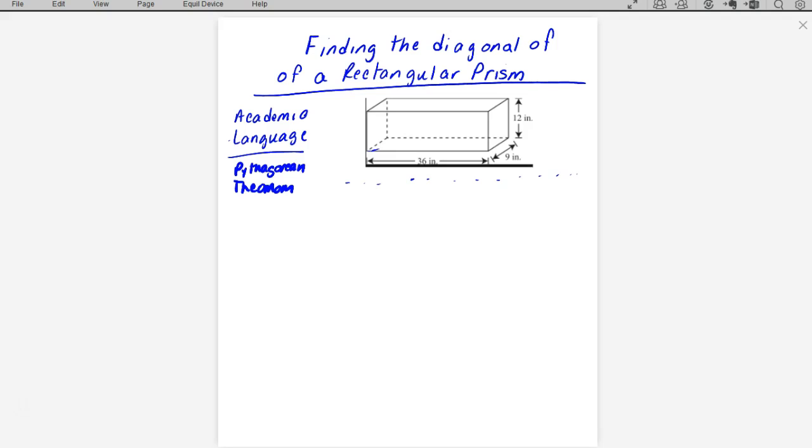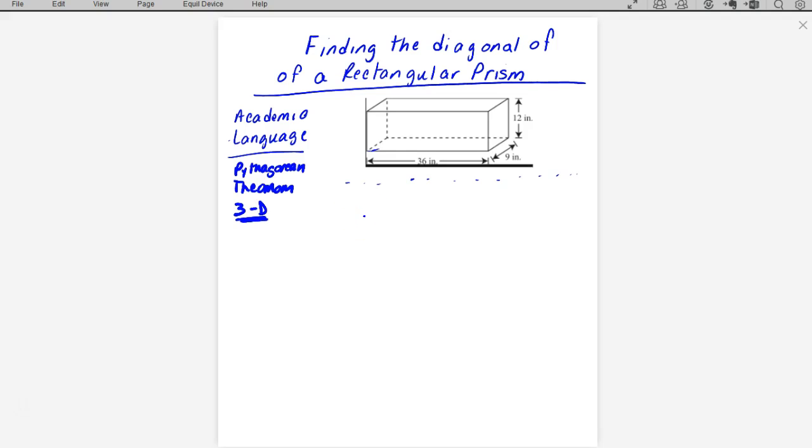Okay, so what is different about finding the diagonal of a rectangular prism instead of just finding the diagonal of a rectangle? Well, a rectangular prism is three-dimensional, right? It's 3D.